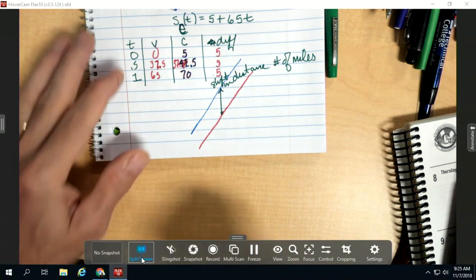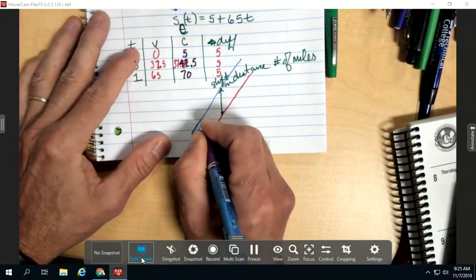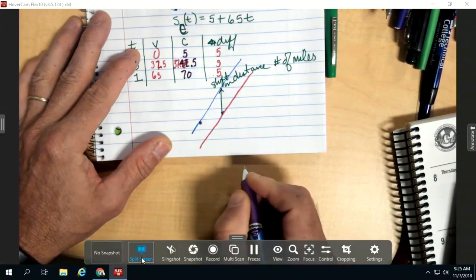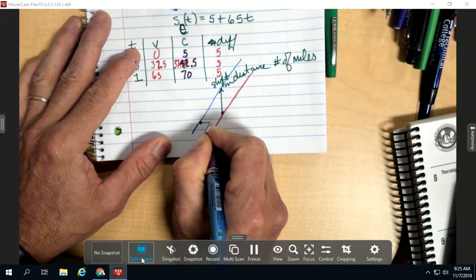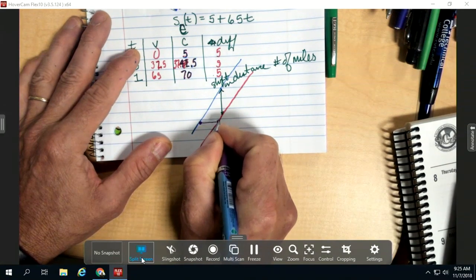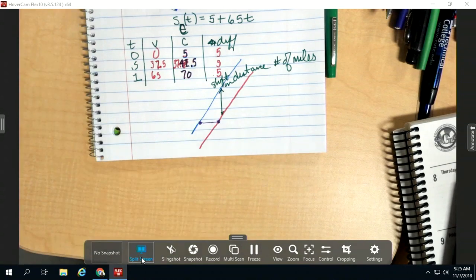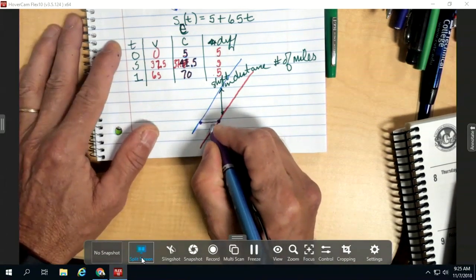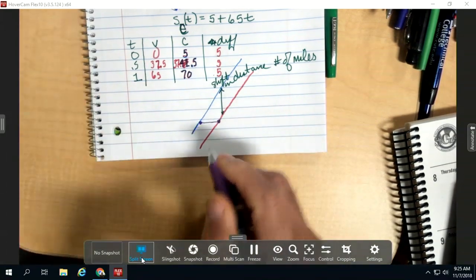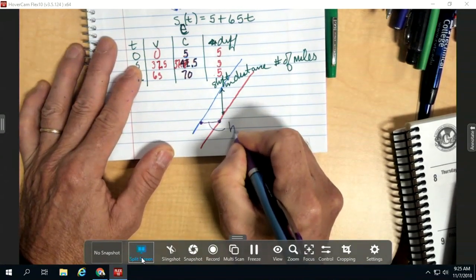So the one car passes this point at a certain time, and then the other car doesn't pass it until this much later. In this case, which is bigger? The number of miles? Oh, I didn't say what this is. What is the length of that purple line? Number of hours. Or in this, does it say hours? Okay. Is that right? I forgot if it was hours or minutes.